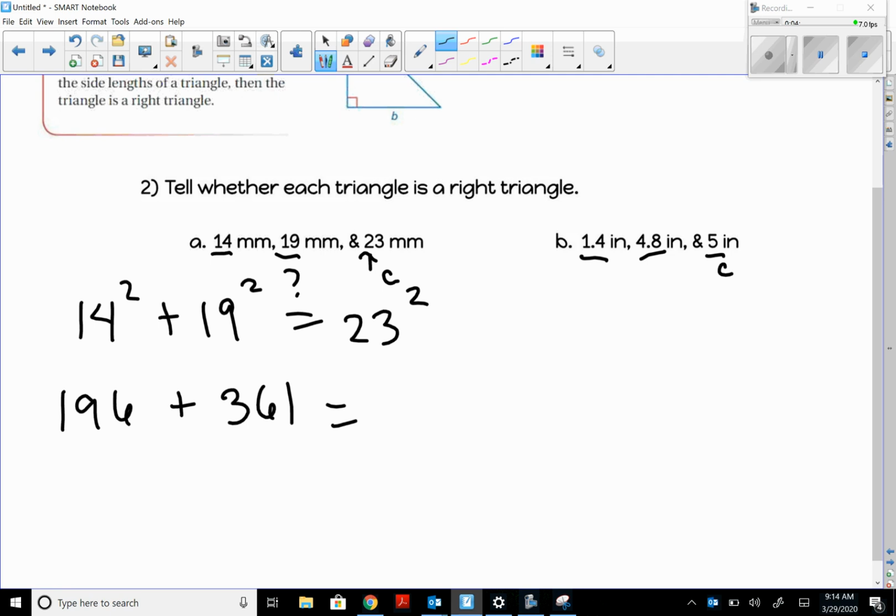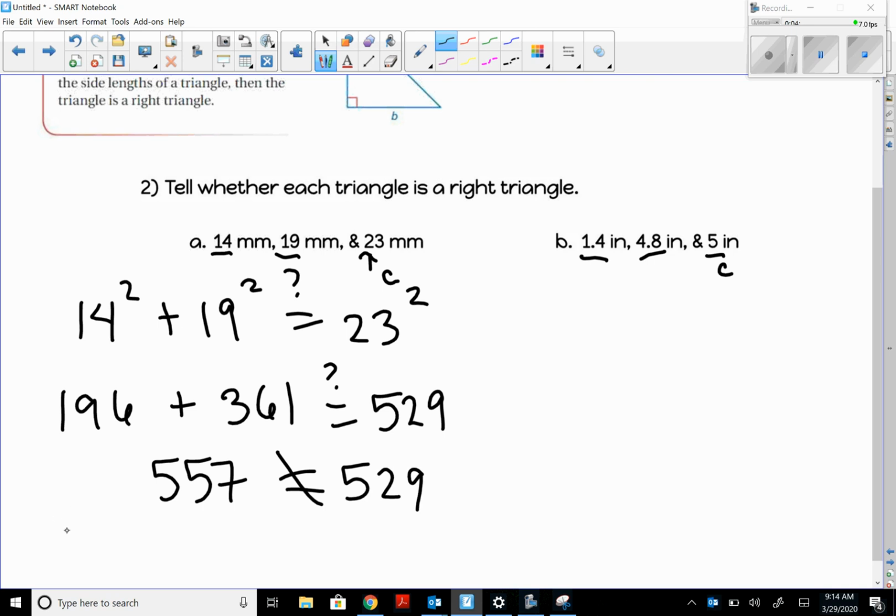And 23 squared is 529. So I'm going to add the 196 and the 361, and I got 557. That is not equal to 529. Therefore, this is not a right triangle.